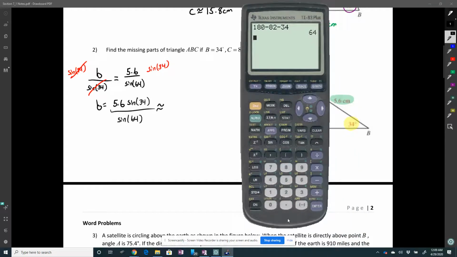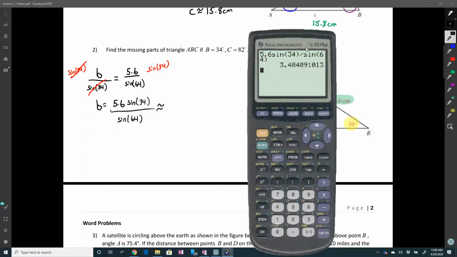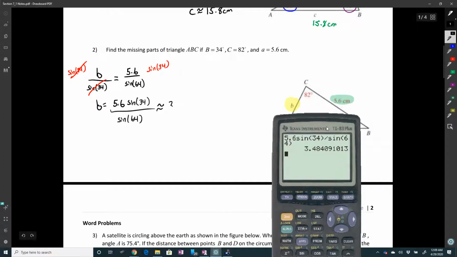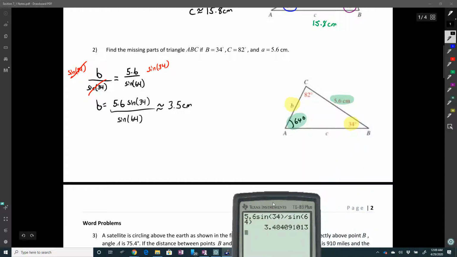Remember, in the homework, it'll tell you what to round to. So 5.6 sine of 34 divided by sine of 64 is 3.5 centimeters. So we figured out that one.